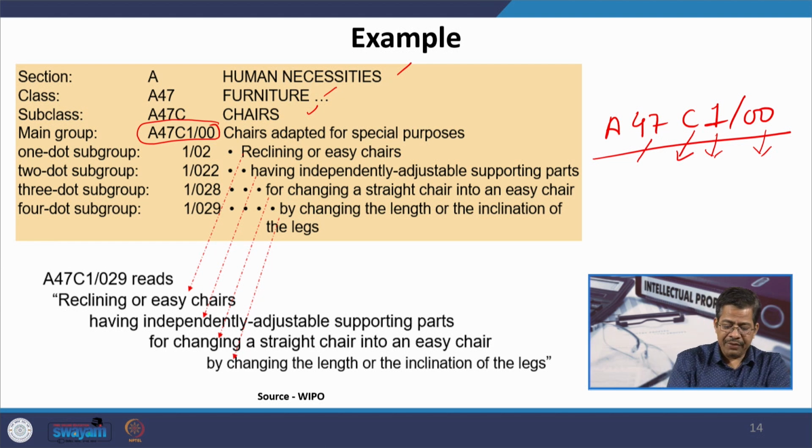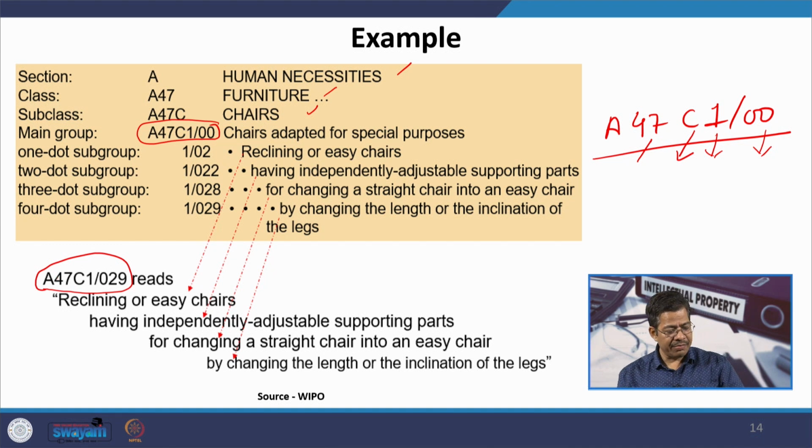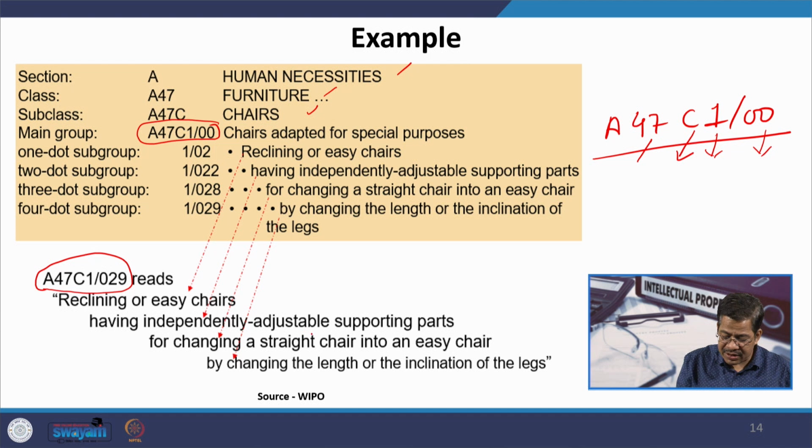So, if I see a symbol like A47C029, the complete description of this is reclining or easy chairs having independently adjustable supporting parts for changing a straight chair into an easy chair by changing the length of the inclination of the legs.